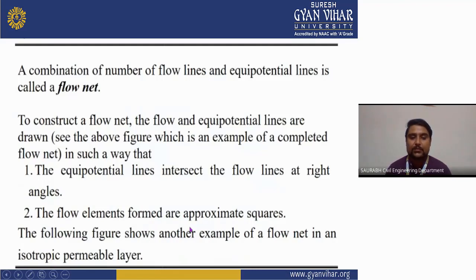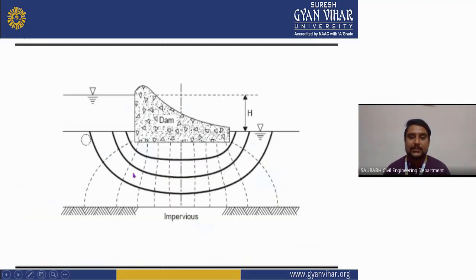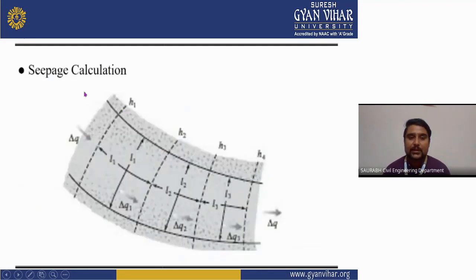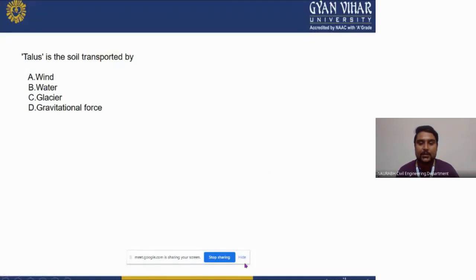The following figure shows another example of a flow net in an isotropic permeable layer. This is your diagram, with impervious material. As you can see, that is your dam, and there will be some flow net in the downward direction. Now we will see the MCQs given here.